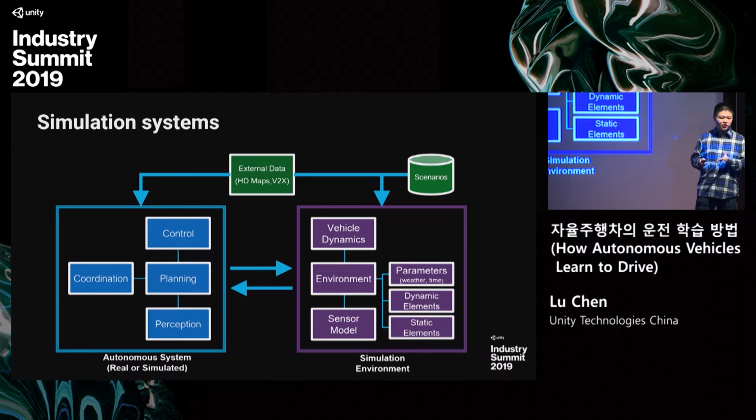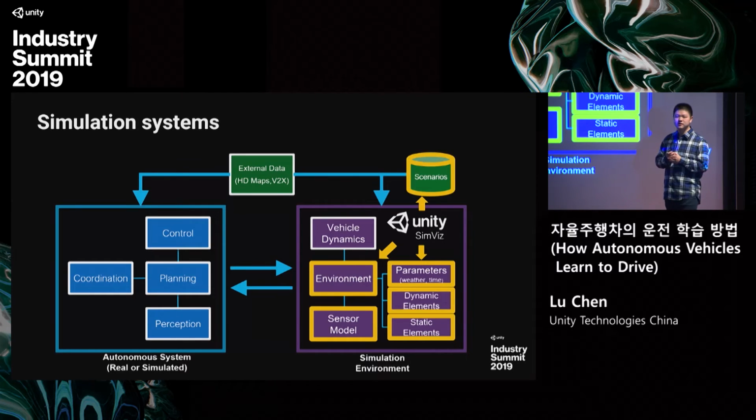After that, you will have a sensor model to generate the sensor data to pass over to the perception module of the autonomous system. And we also need vehicle dynamics to get the output from the control and to complete this kind of loop. And Unity and SimViz will do work in this area, which we are good at.